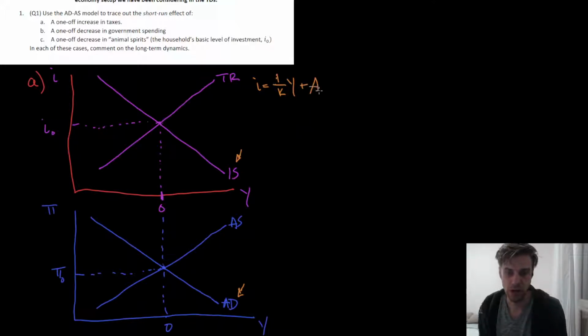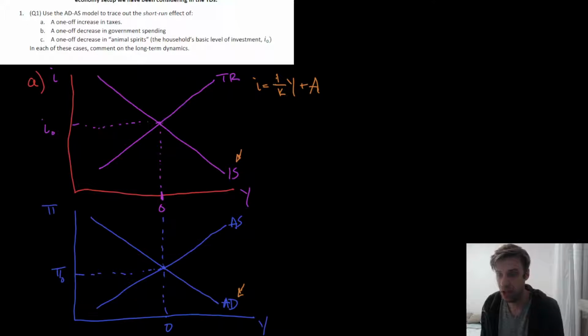So in the model, this k was the Keynesian multiplier, and it contained all of the parameters that affected y, like the marginal propensity to consume and the marginal propensity to invest. Yes, and maybe the marginal propensity to import or export, something like this. And then A had everything else, all of the constants. So household wealth, the intercept terms that went with consumption and investment, also taxes, and also government spending.